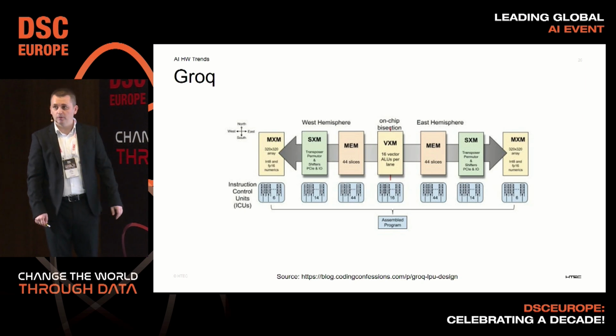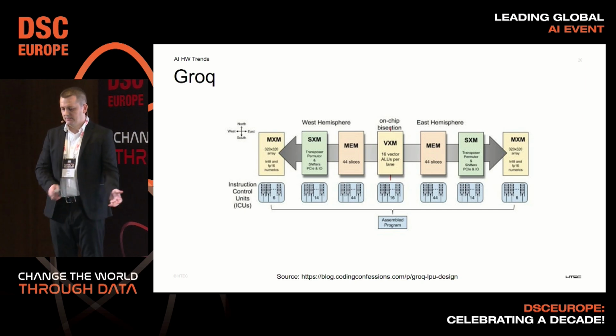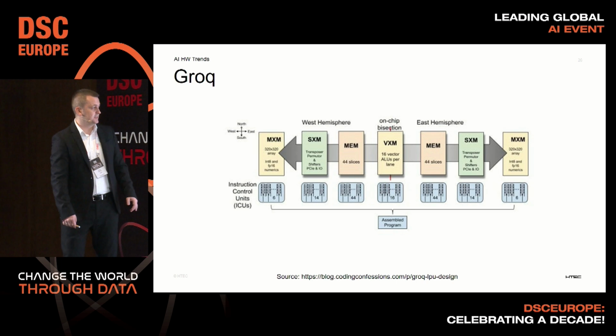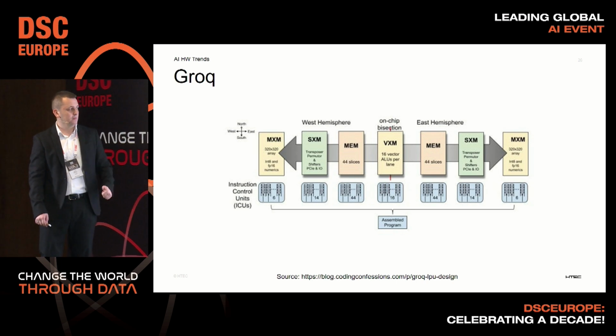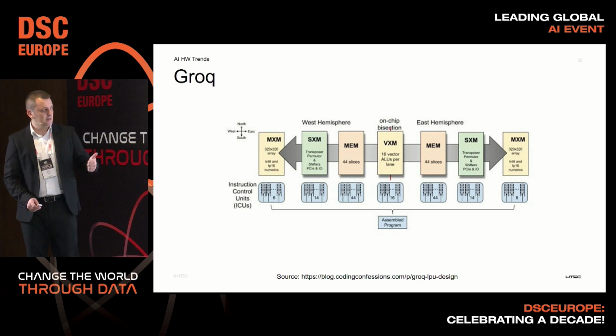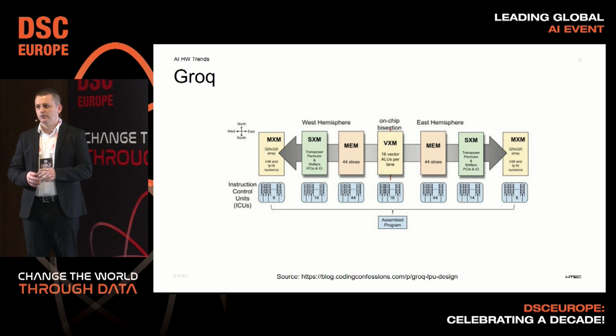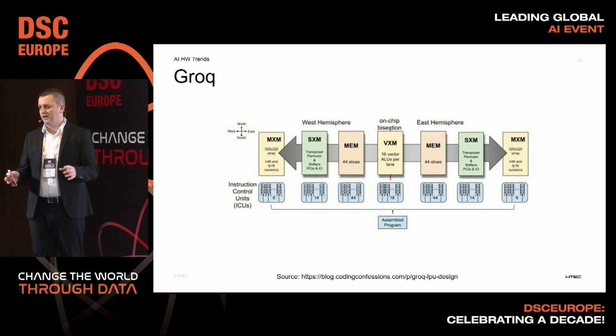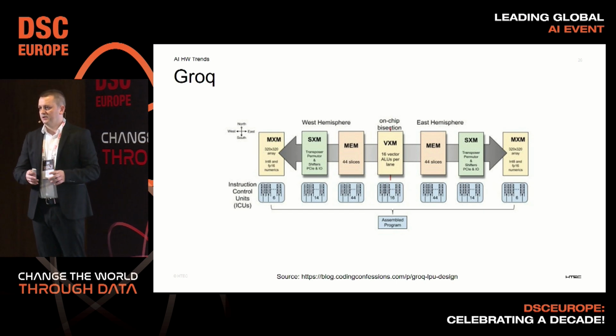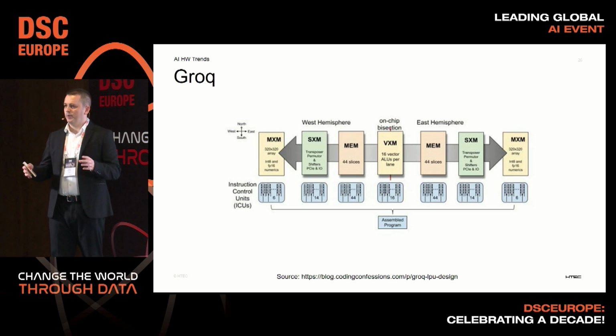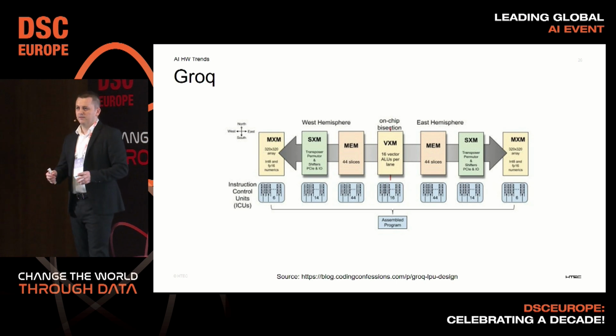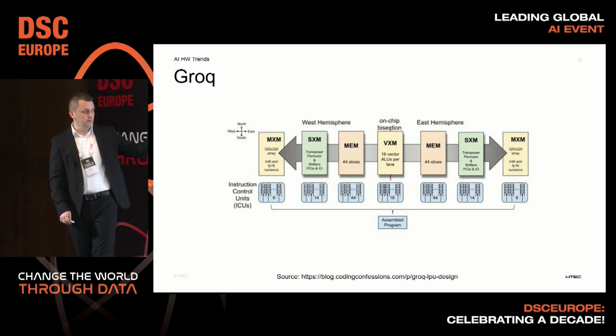Groq is one company in this AI part that is, I'd say, important from one perspective, that they try to simplify the hardware as much as possible. They make the memory just flat, and the compiler is responsible for taking care of every single processing unit.